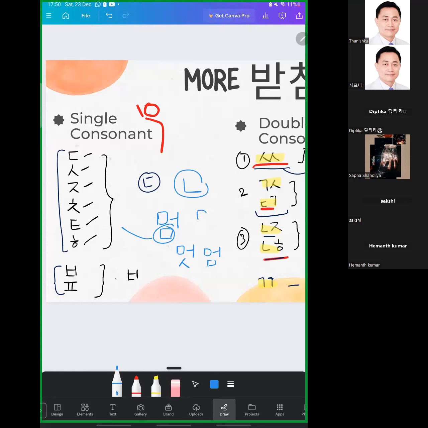So this will be read as mon. Okay? Yes, ma'am. So any alphabets that are not included continue with the same sound of the alphabet. Real is also not here. So this will be mol.